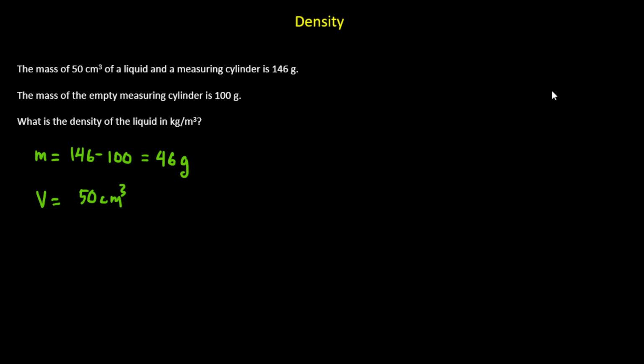Your 46 grams, if we convert it into kilograms, will be 0.046 kilograms. Why? Because 1 kilogram is equal to 1000 grams.